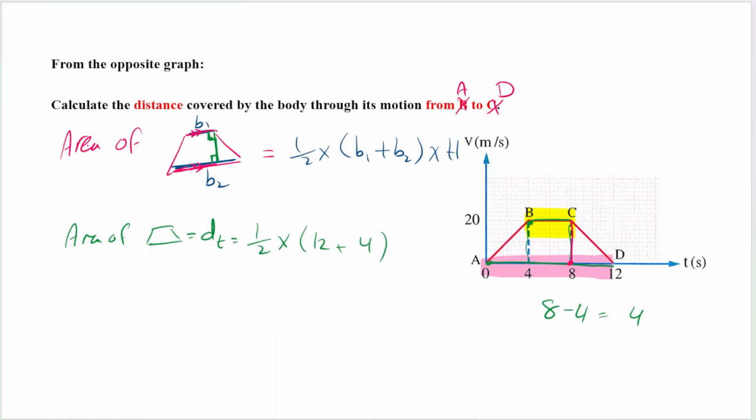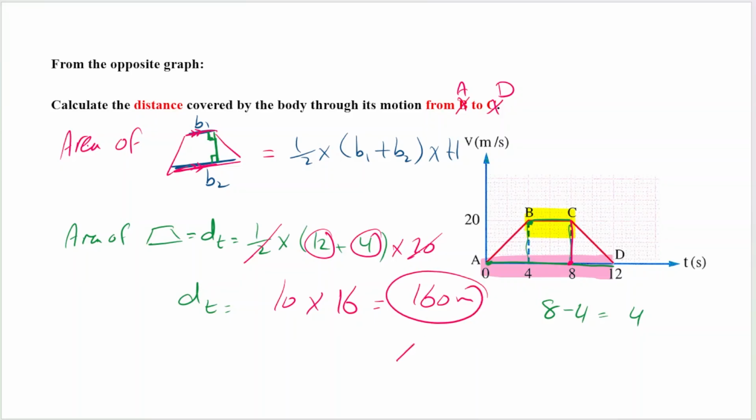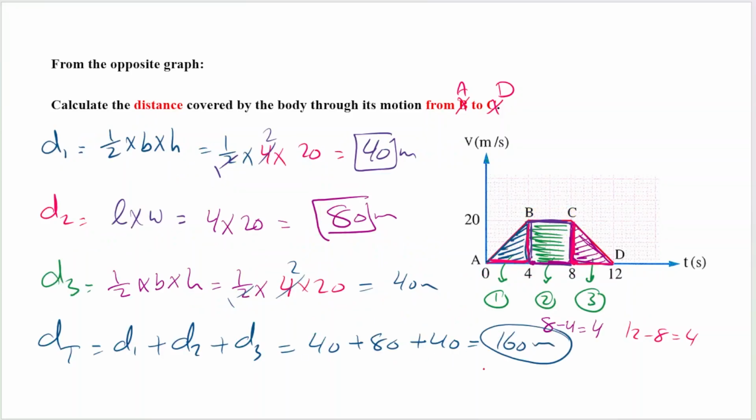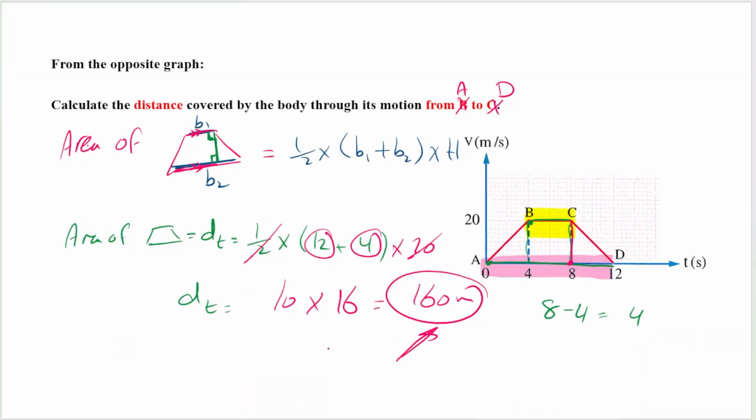So this is 0, this is 20, so the height is 20. So the total distance in this case is equal to half times 20, which is 10, times 12 plus 4, which is 16. 10 times 16 is equal to 160 meters. Can you see, this is the same number, but here it is done in one step only. So this is a smarter, shorter solution that will save time in the exam.